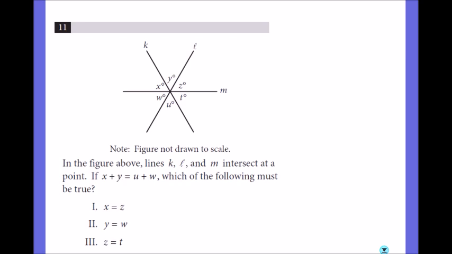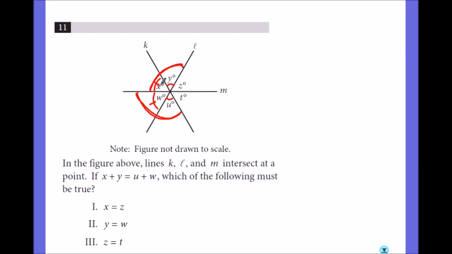11. So in the figure above, lines K, L, M intersect at a point. If x plus y equals u plus w, which of the following must be true? All right. So if this and that are equal, and we know these two are vertical angles, so they are equal, that means these two must also be equal, right?